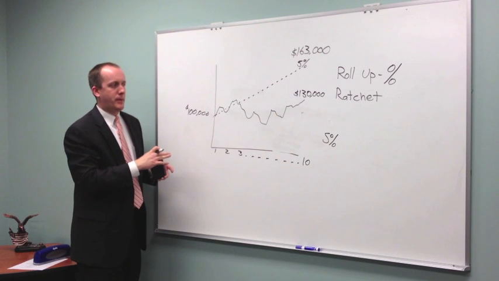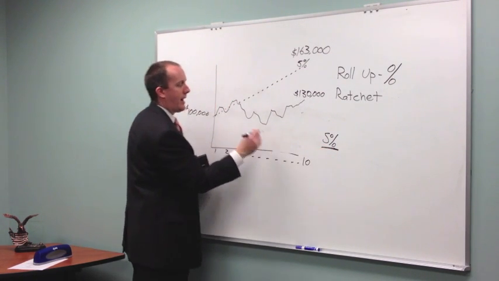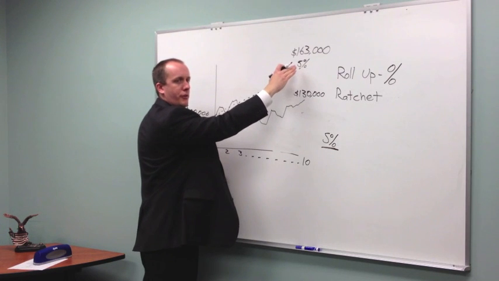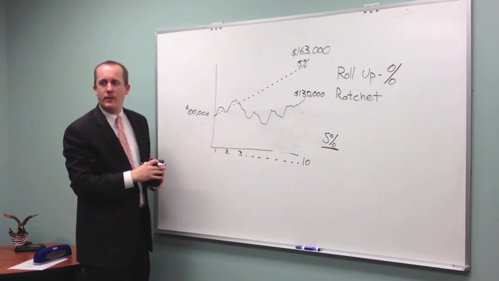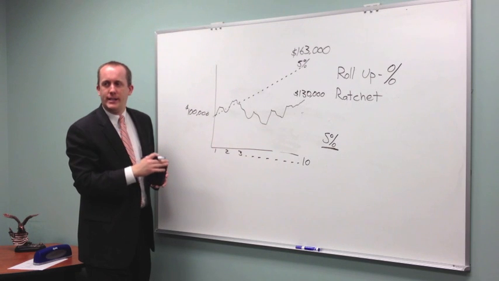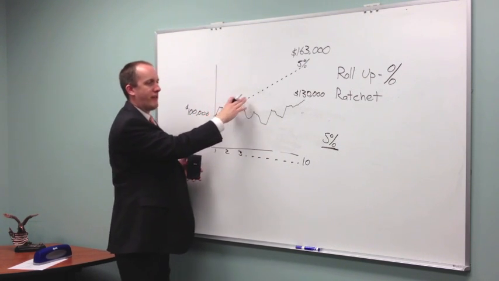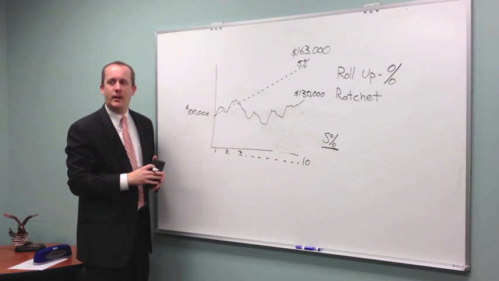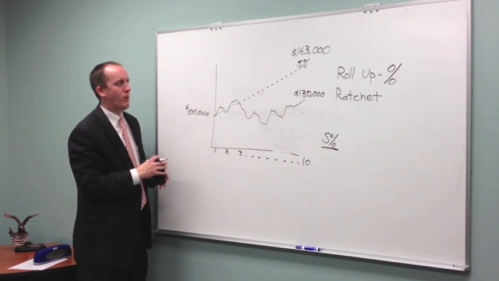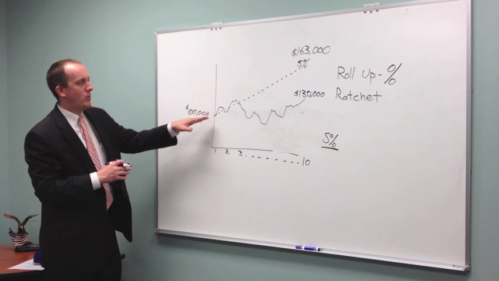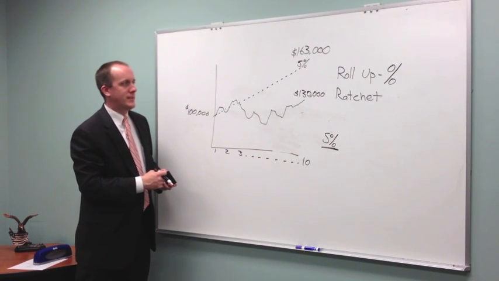The insurance company is giving an income stream on a 5% growth trajectory, even if the account doesn't grow at 5%. That's key terminology. If the account doesn't grow by 5%, the client gets to take income as if it did. I'll say that again, that's really important. If the account doesn't grow at 5%, the client gets to take income as if it did.